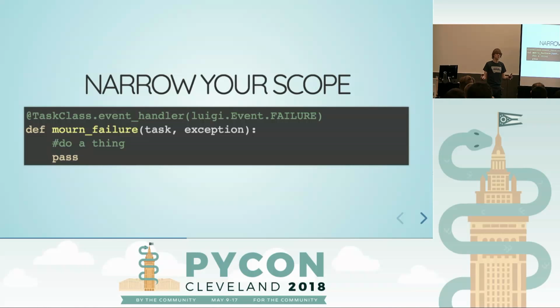So if you define a nice hierarchy of what your tasks actually look like and have some nice subclassing going on, you can handle the events for a type of task or a very specific task depending on your DAG, which can be very nice. It's definitely a very handy tool to have.